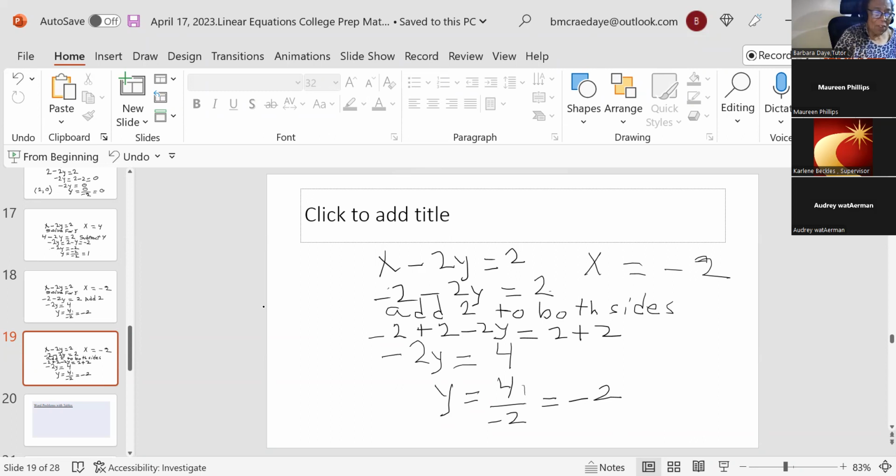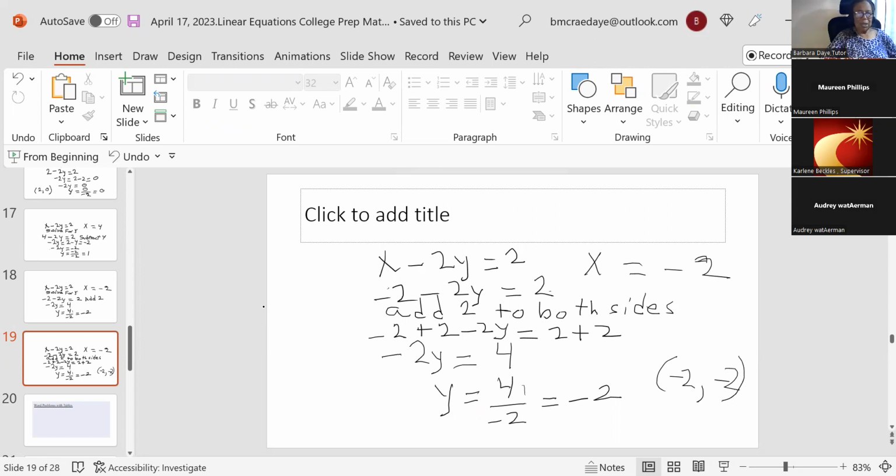Now, I have a -2y. That's a multiplication. So to solve for the y, I have to divide by that coefficient -2. That leaves me y on the left, and 4 divided by -2 is -2 on the right. So what does that mean? When x is a -2, there's the coordinates, y is a -2. Is that clear, Audrey?